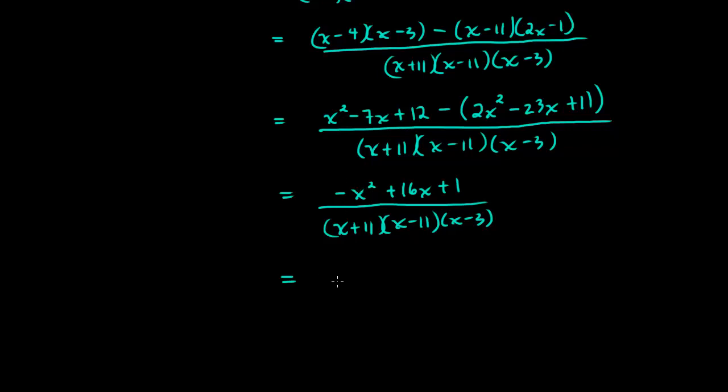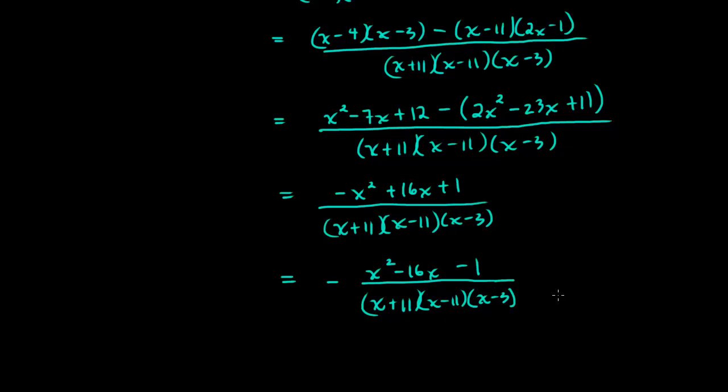So I can write this as minus (x² - 16x - 1) over (x + 11)(x - 11)(x - 3).